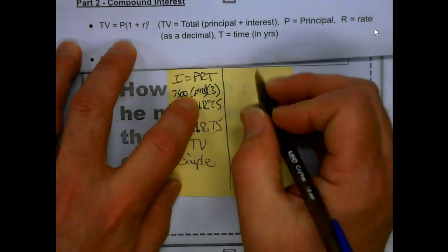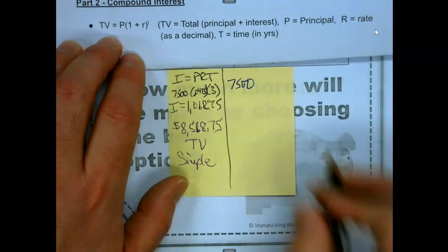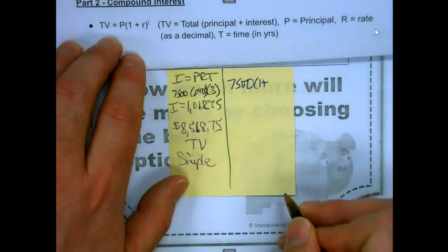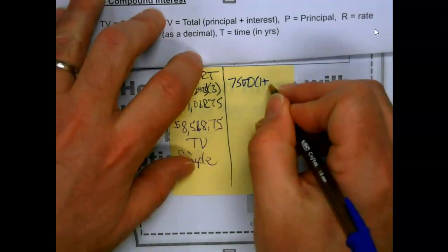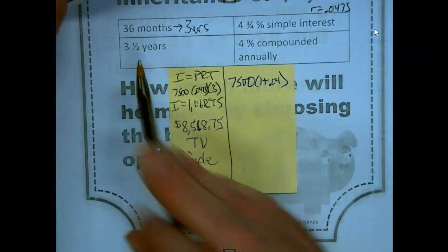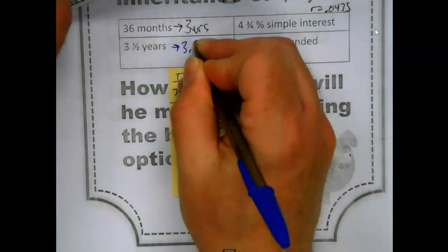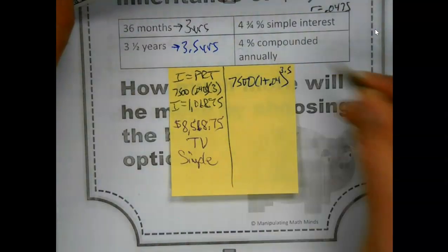So, my principal is 7,500. My rate, do I have a rate? 4%, 0.04. And my time, 3.5 years. So that's my T, 3.5.